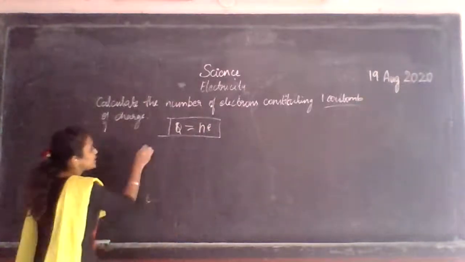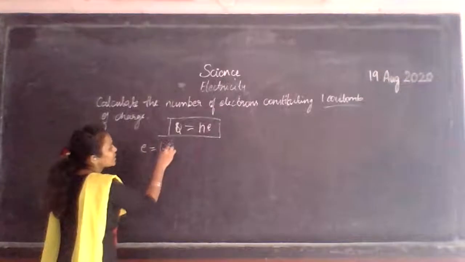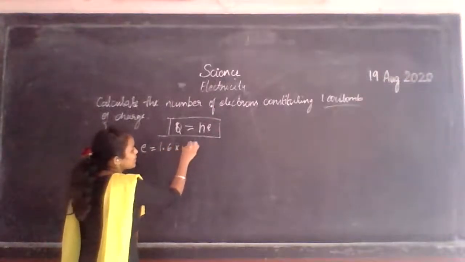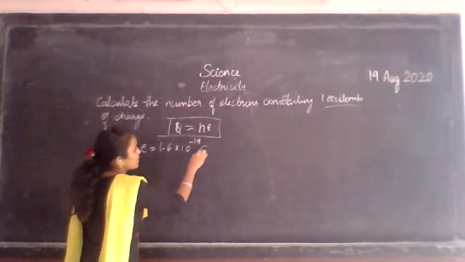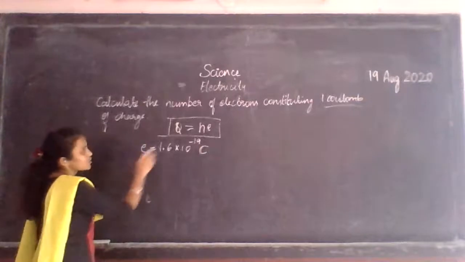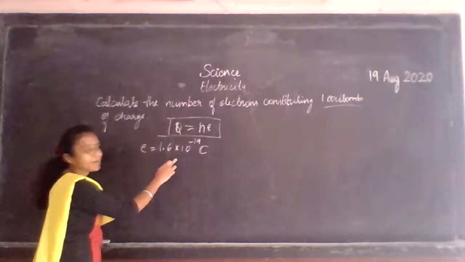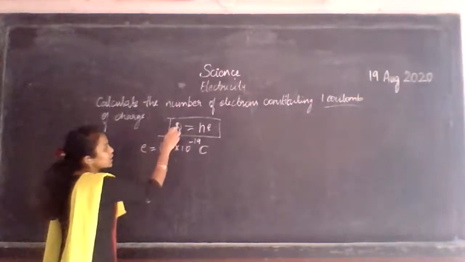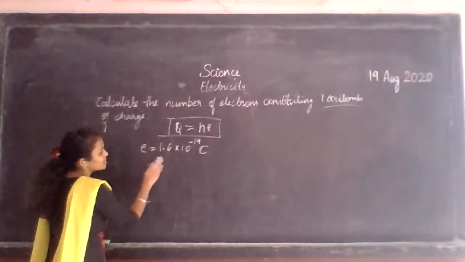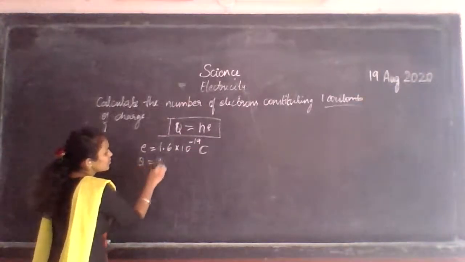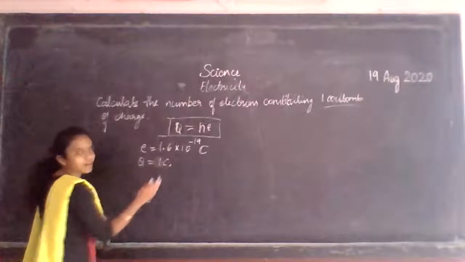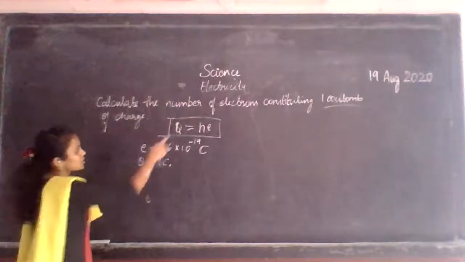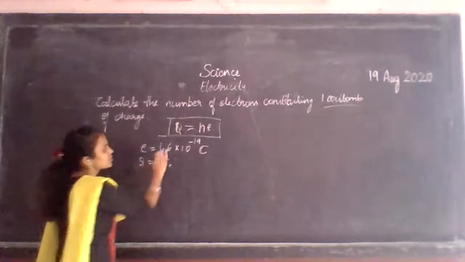We know E is equal to 1.6 into 10 power minus 19 coulomb. So in order to make Q equal to 1 coulomb, I'll substitute these two here.